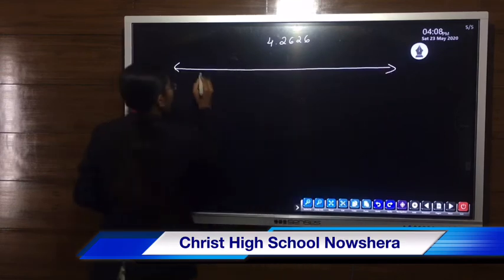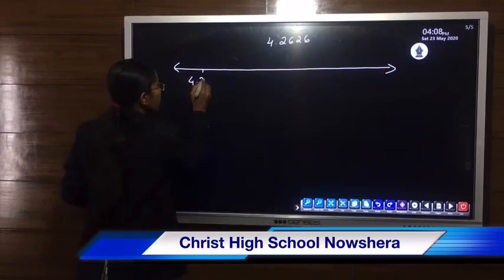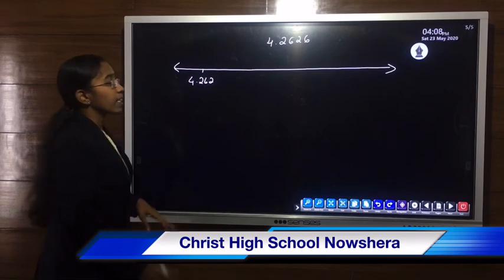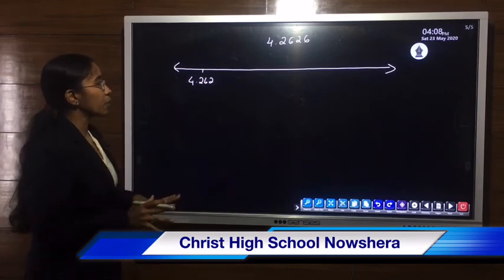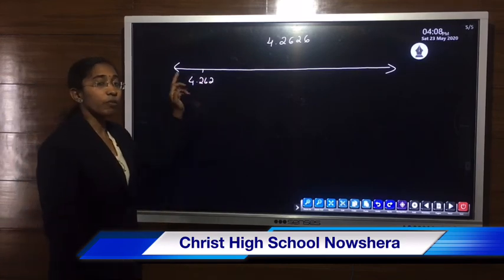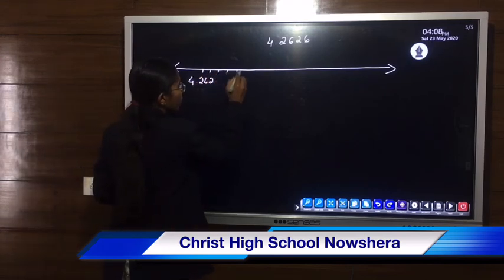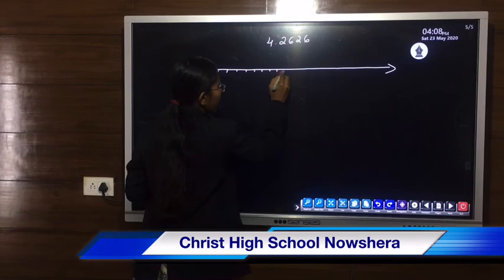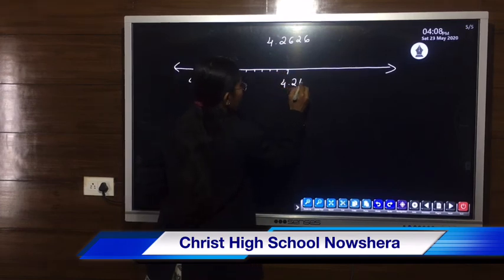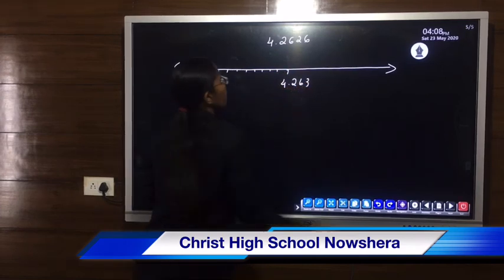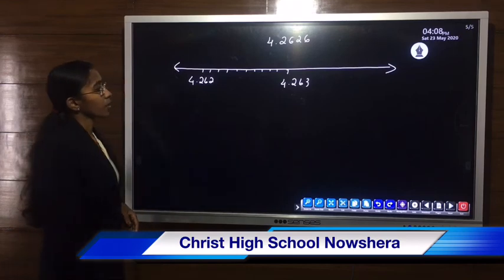So draw the number line and make 10 equal parts in between 4.262 and 4.263: 1, 2, 3, 4, 5, 6, 7, 8, 9. This is our 4.263.